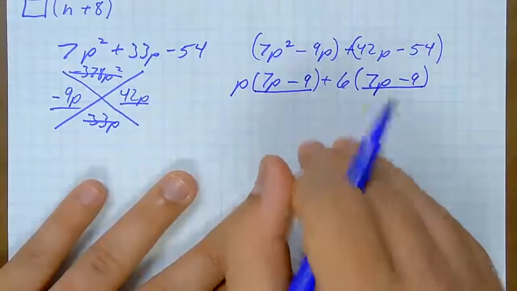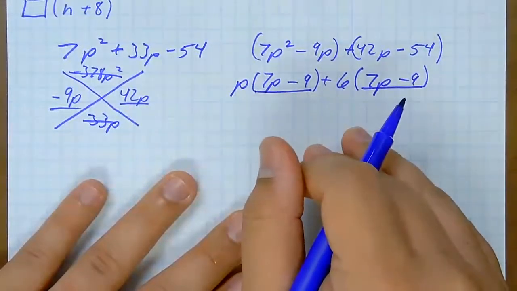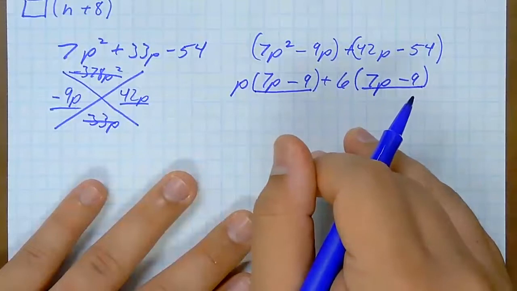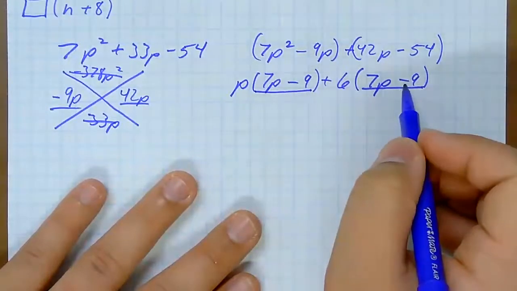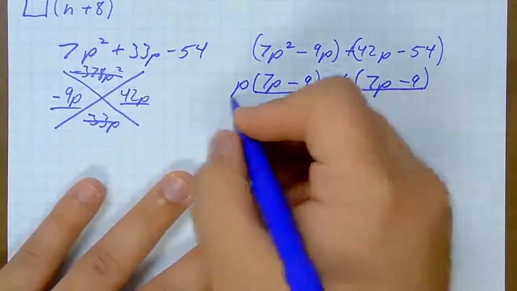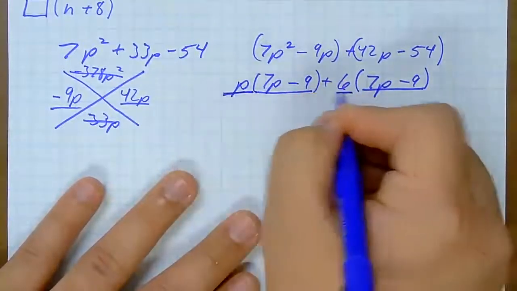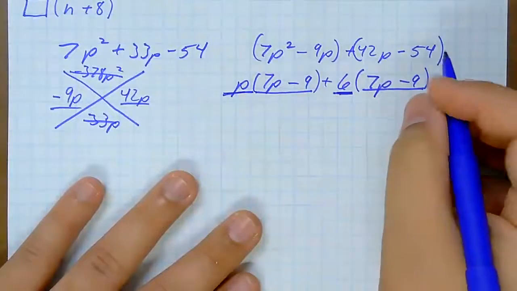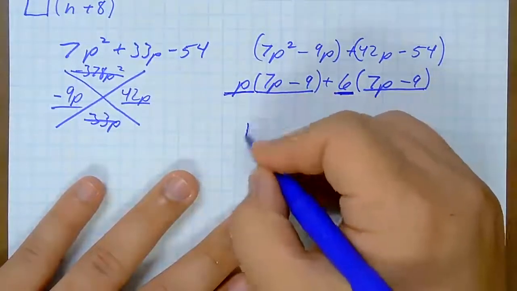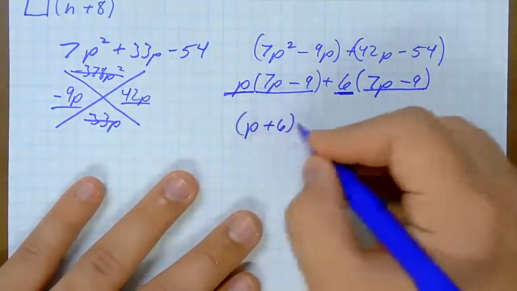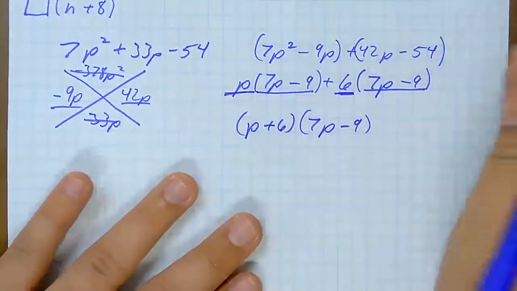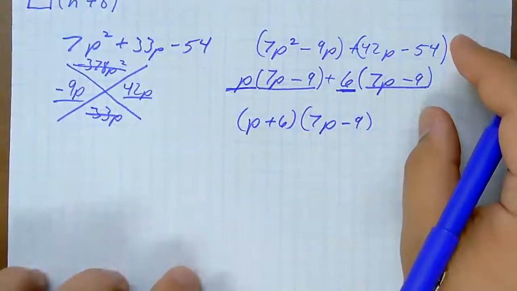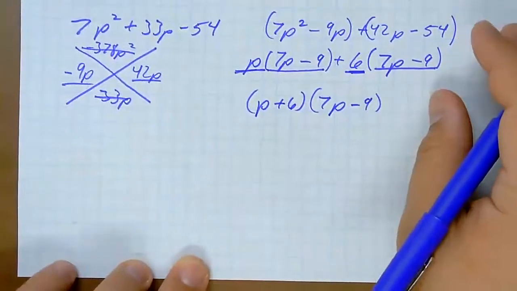Remember, if it does not match, we cannot move on. It means we've made a mistake somewhere. So 7p minus 9 is going to be one of our factors. p plus 6 is going to be the other factor. These are our two factors: p plus 6 and 7p minus 9.